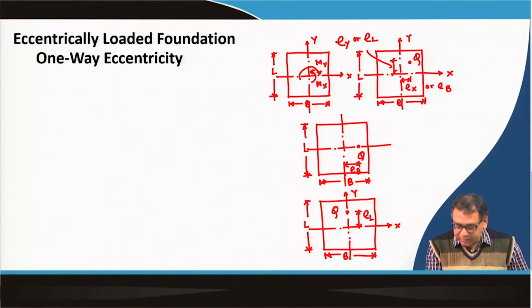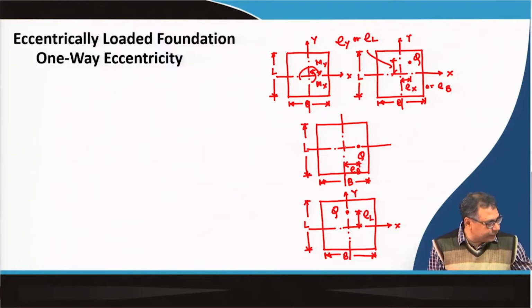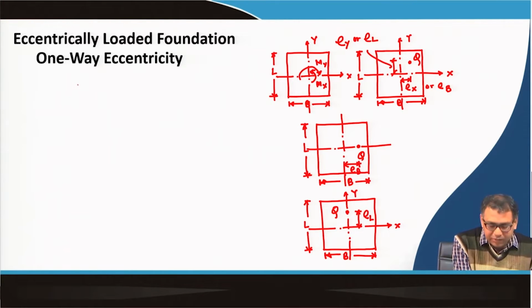So there can be either E x or E b, or there can be E L, or there can be both. Now we can draw the effective area.